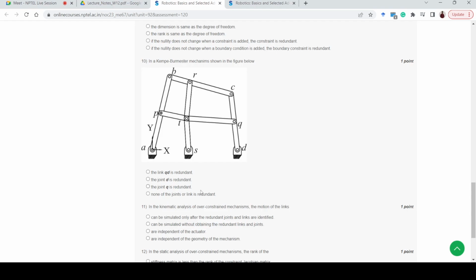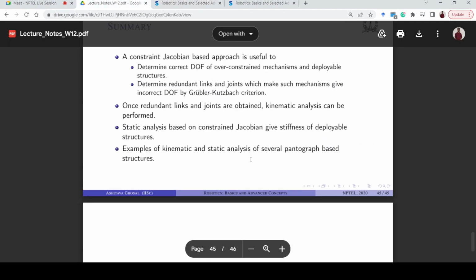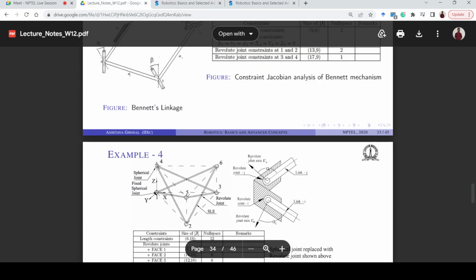Basically, whatever constraint is introduced by that particular joint, if that does not change, for example, the nullity of the null space of the Jacobian, for example, if the link QD is redundant, then the constraint introduced by this link QD, when taken into account to calculate the Jacobian matrix, will not cause a decrease in the rank, or you can also say in the dimension of the null space of the Jacobian matrix, and you can also see that in the notes here.